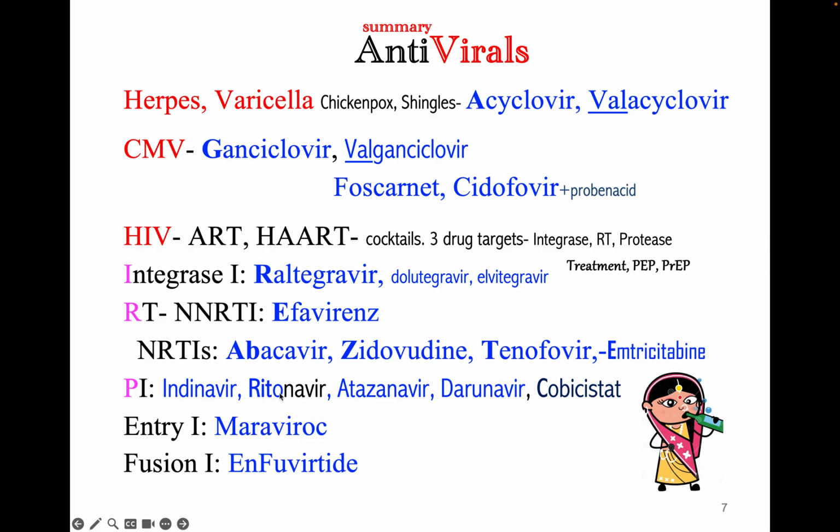Ritonavir is a CYP inhibitor. If you combine it with some of these drugs, especially Elvitegravir or Atazanavir or Darunavir, if you combine ritonavir or cobicistat, you can inhibit the CYP interaction.